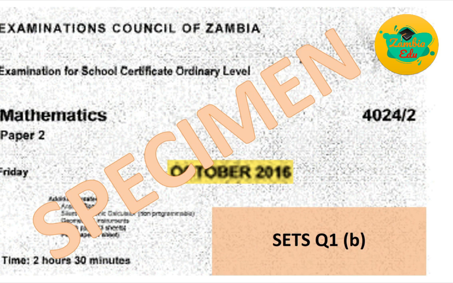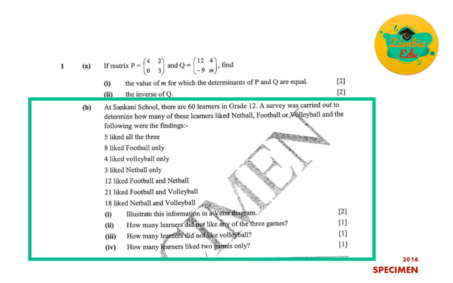Firstly, at Sankani School, there are 60 learners in grade 12.